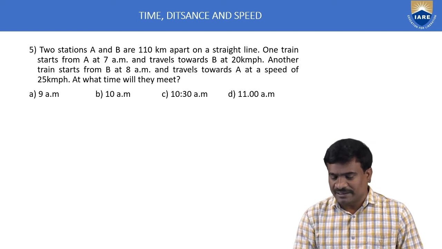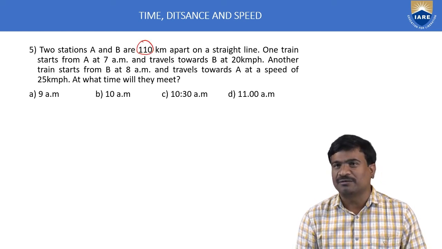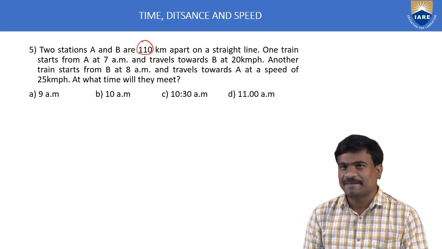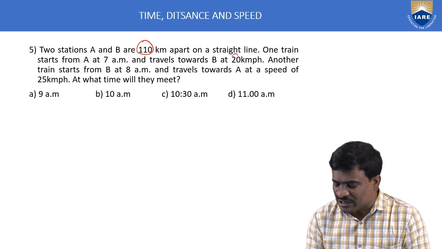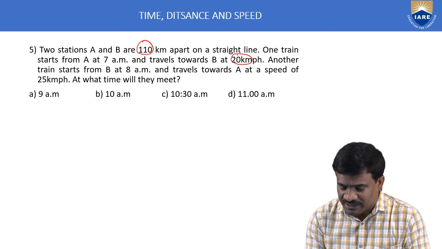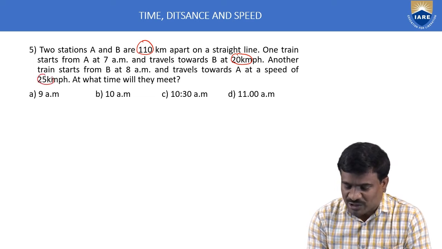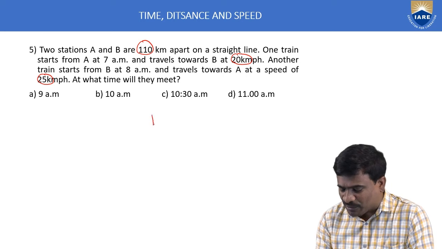A simple method. The total distance between A and B is equal to 110 kilometers. Next, in the second statement, A speed is equal to 20 km per hour and B speed is equal to 25 km per hour. The same first diagram is important.